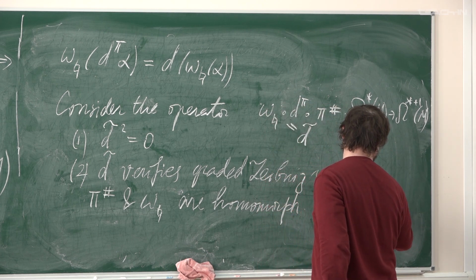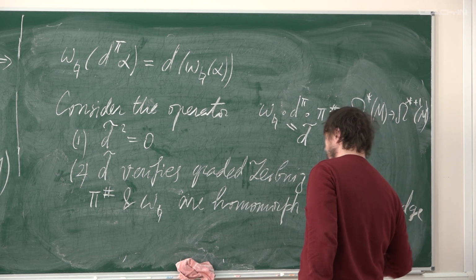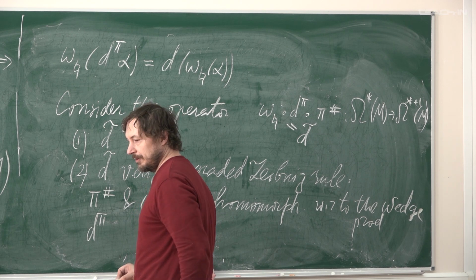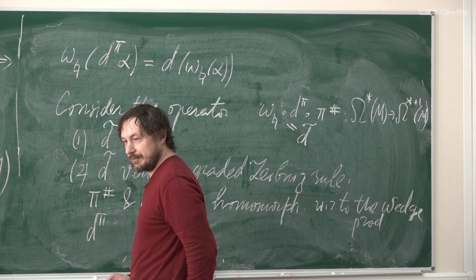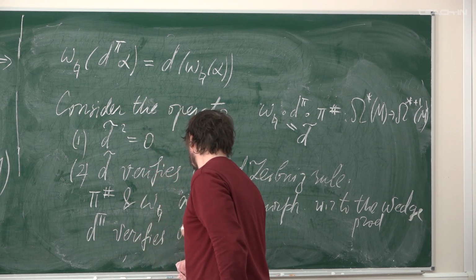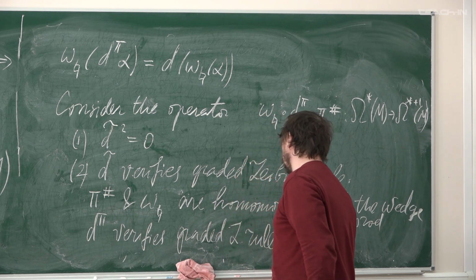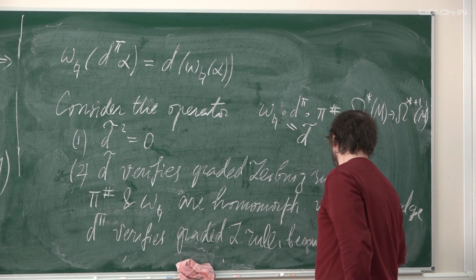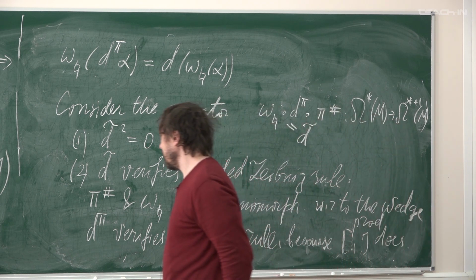And actually, d pi also verifies the graded Leibniz rule just because the Schouten bracket verifies this graded Leibniz rule. Right?